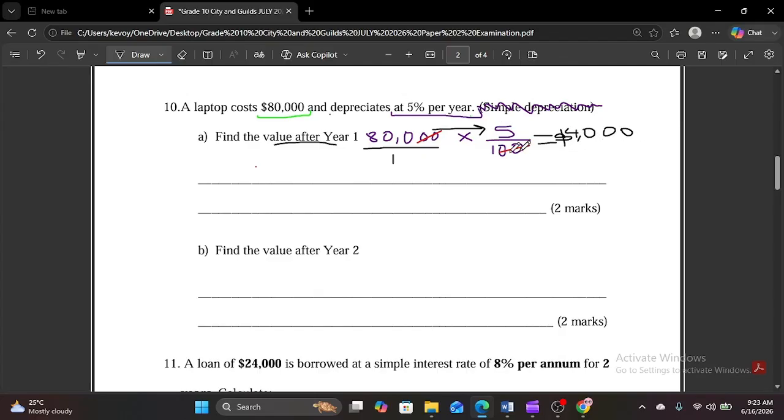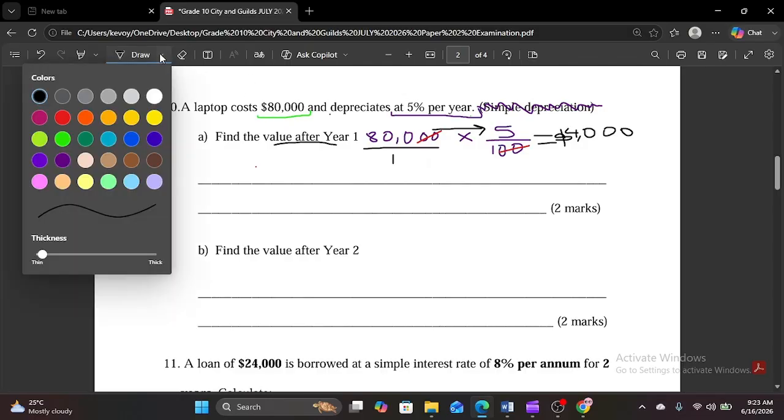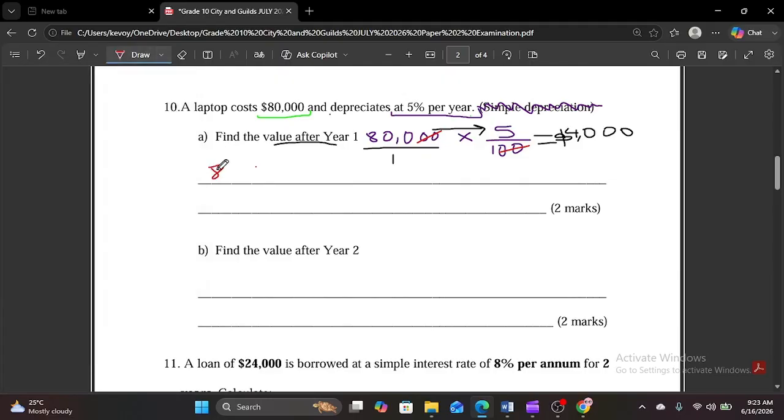So 80,000 minus 4,000 is gonna be equal to 76,000. That's the value after 1 year of depreciation.